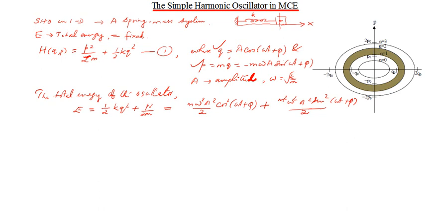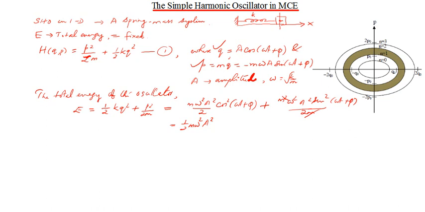You can cancel one of the m's. Finally, half m omega square A square is common, and cos square plus sine square is equal to 1. So that is our expression.